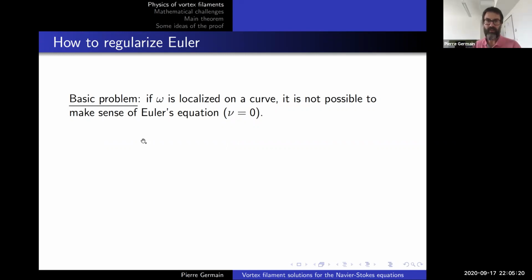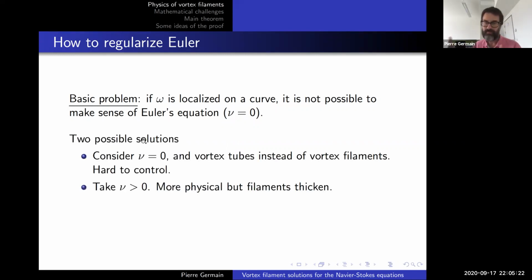So there are two possible ways out of this problem. One is to look at Euler's equation, that is take the viscosity to be zero, but replace the filaments by tubes.